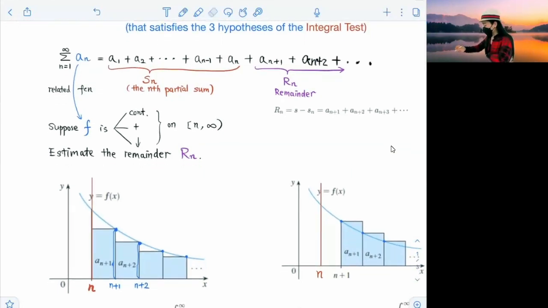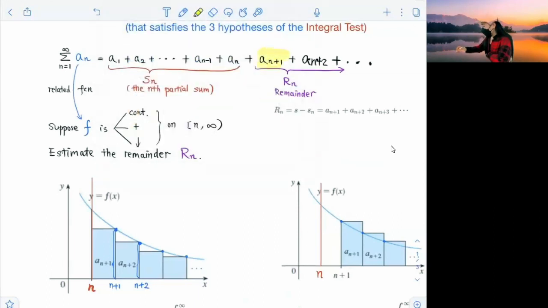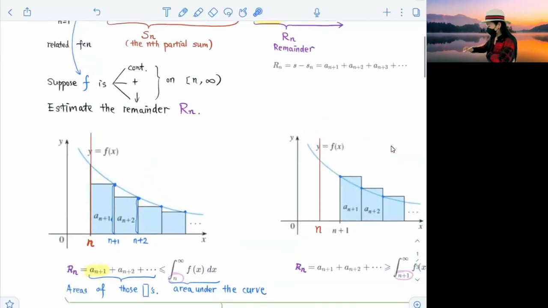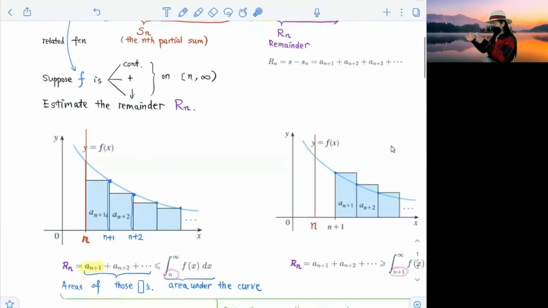The first term over here is going to be a of n plus 1, then plus a of n plus 2, etc. So this is Rn, the sum take away Sn.